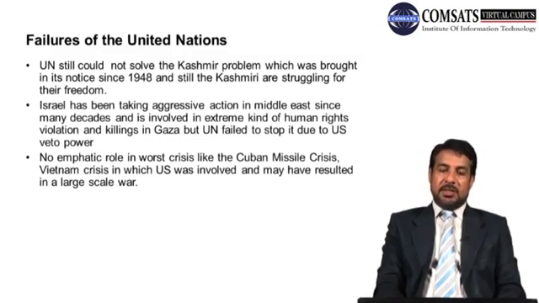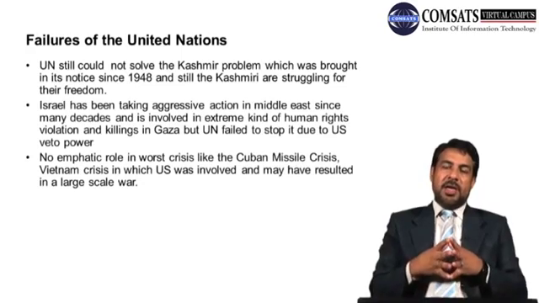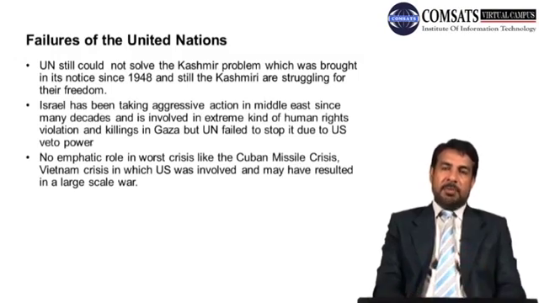The second is Israel has been taking aggressive action in the Middle East for many decades and is involved in extreme kind of human rights violations and killing in Gaza, but UN failed to stop it due to US veto power. तो जिस तरह मिडिल ईस्ट में गल्फ में हम देखते हैं कि इसराइल मुसलसल बेगुनाह फ़लस्तीनियों पे अपने मज़ालिम ढा रहा है, और वहाँ पे औरतें हैं, वहाँ पे बच्चे हैं, वहाँ पे बूढ़े हैं और जवान हैं.